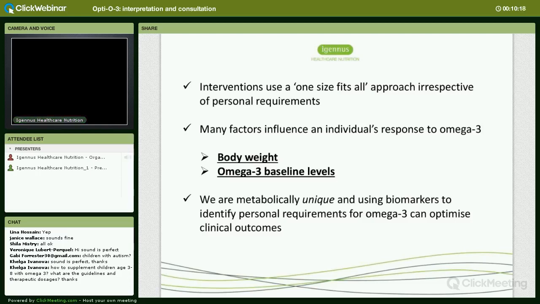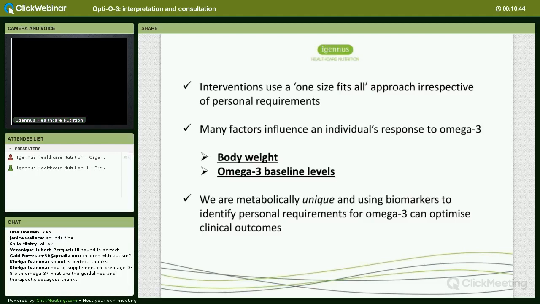And we are metabolically unique. This is the key to intervention: understanding that we all respond differently, but we can use biomarkers to identify personal requirements for omega-3. And this can help to optimize clinical outcomes. So the whole purpose of intervention is to raise omega-3 levels for clinical outcomes.